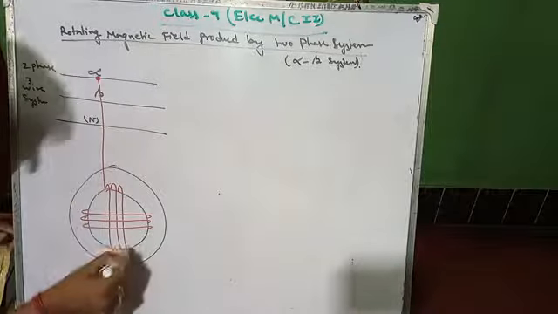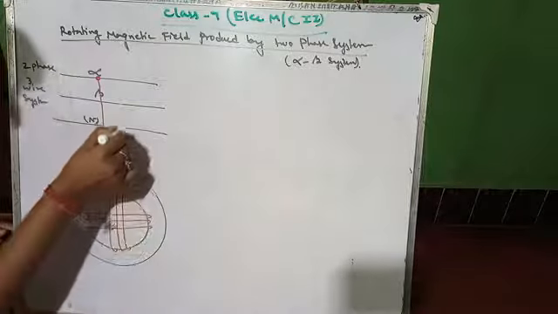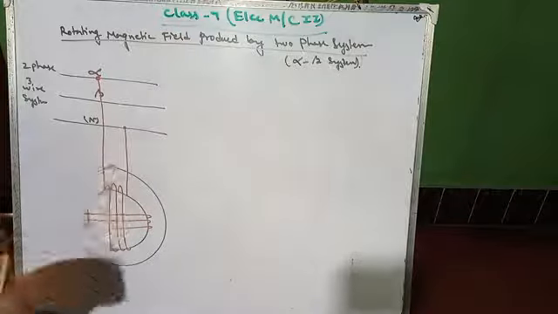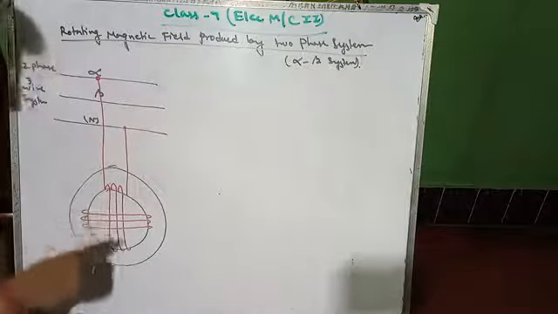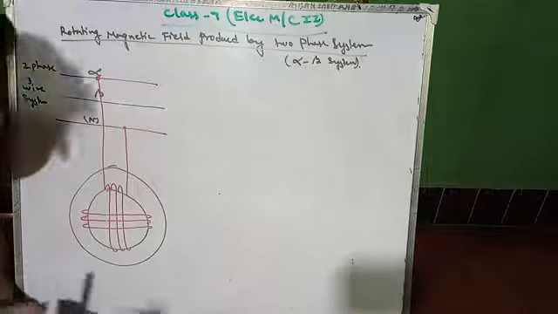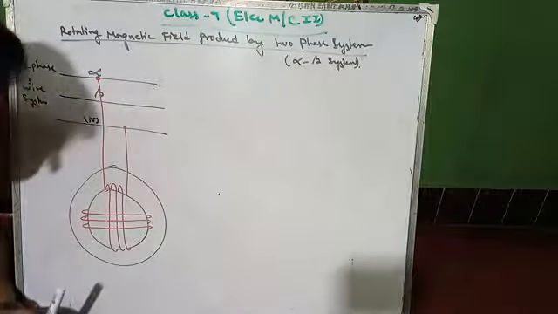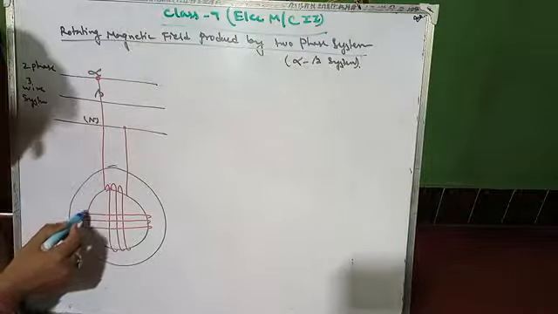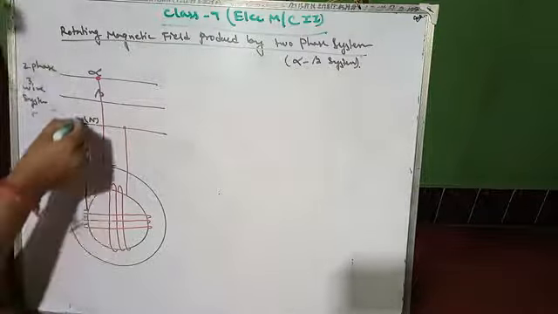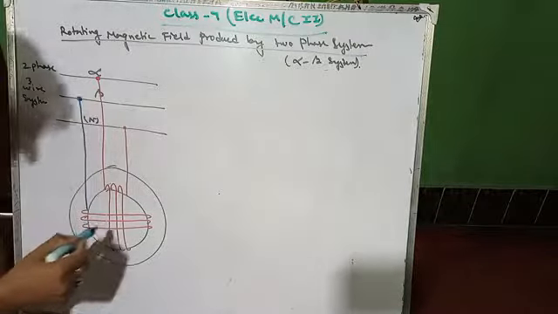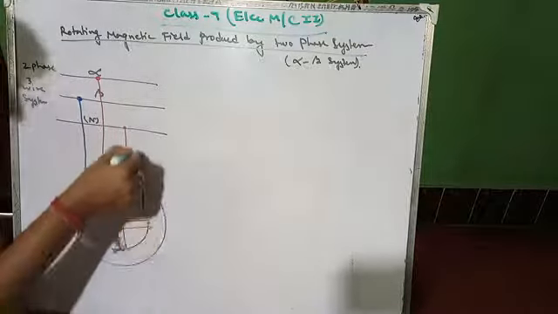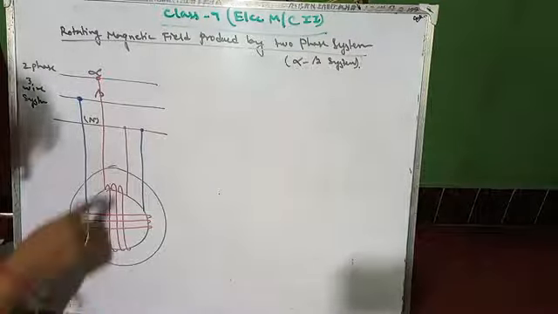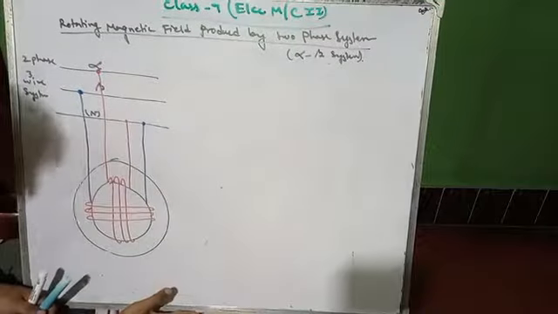Alpha, neutral. So for this section the alpha phase windings are installed, and for the beta phase I would like to express it by changing the color.